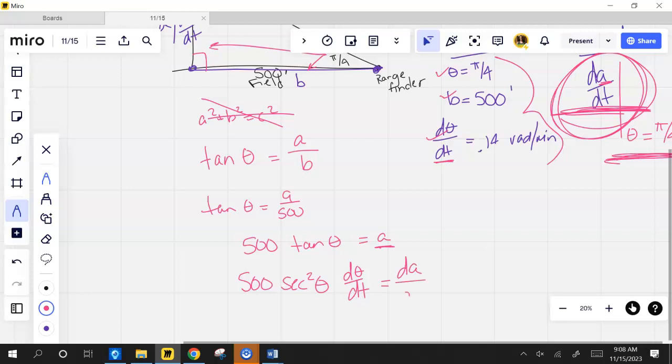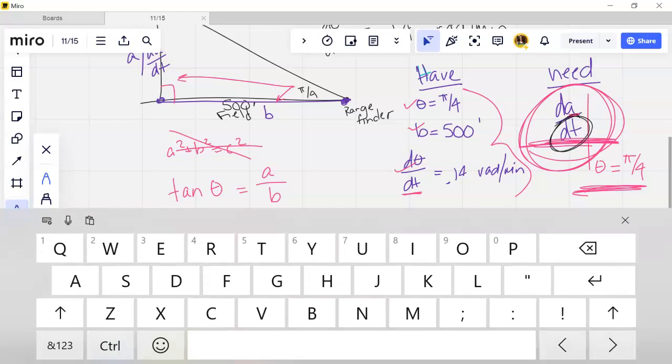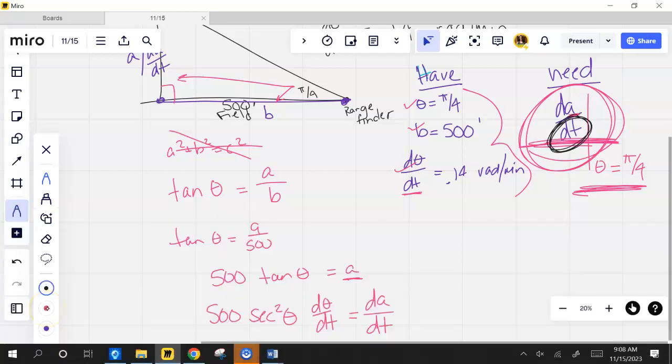Okay, we're confused. Okay, what am I trying to find? Look at what I'm trying to find. A derivative with respect to time, right? So I'm taking the derivative with respect to t. Normally I take it with respect to x, right? So if you just have 2x, the derivative is just 2.